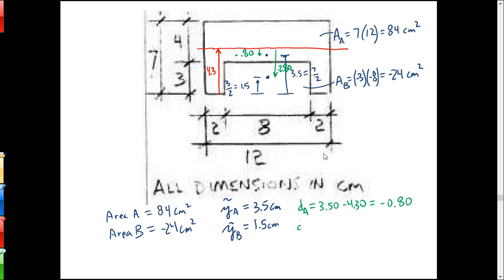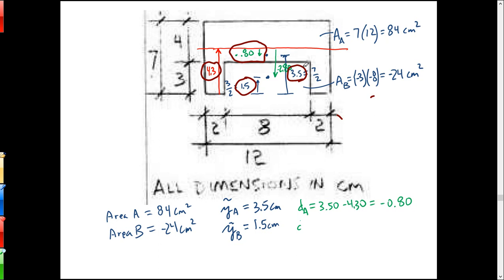And then once I've got the neutral axis, what I want to do next is figure out how far it is from that red neutral axis, that top horizontal line there, down to the centroids. So I know that the neutral axis is at 4.3. I just figured that out. And then I know the heights of the centroids, 1.5 and 3.5. So I just do a little bit of subtraction there, and I'll get negative 0.8. That's from the neutral axis down to the centroid of the whole entire rectangle. And then negative 2.8.